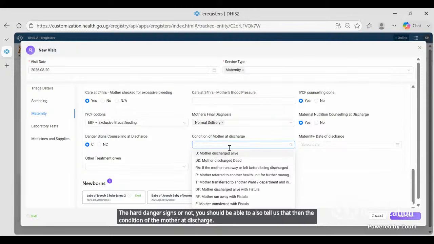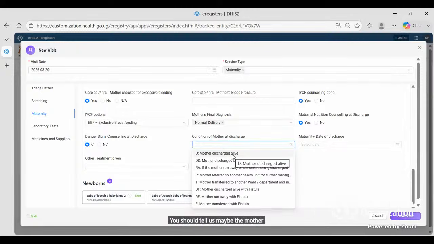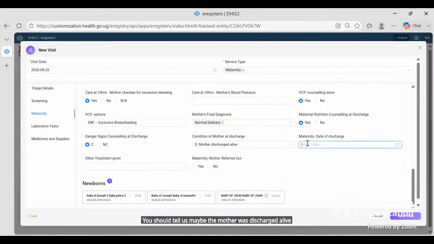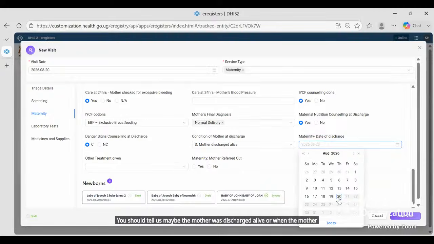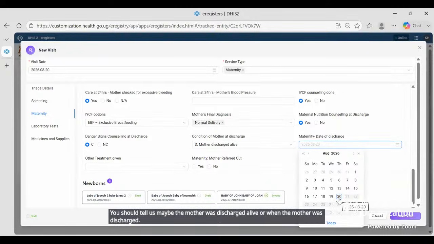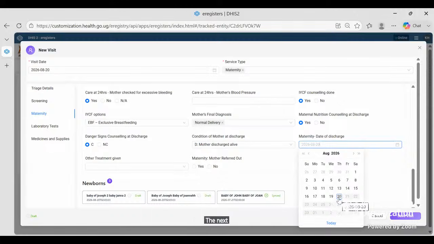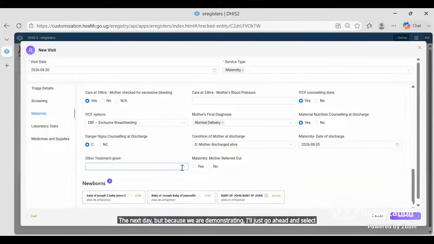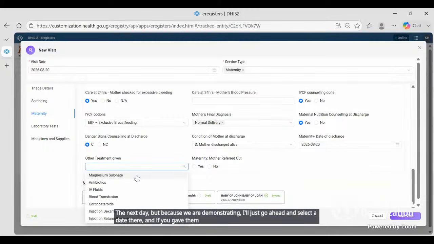You should tell us maybe the mother was discharged alive, or when the mother was discharged, maybe I'll still put today, but we all know that if it's normal delivery, it was 24 hours. So you're probably filling these particular details the next day, but because we are demonstrating, I'll just go ahead and select a date there. And if you give them other treatments, you should be able to select which other treatments you gave them.